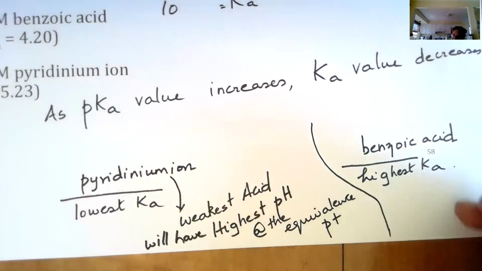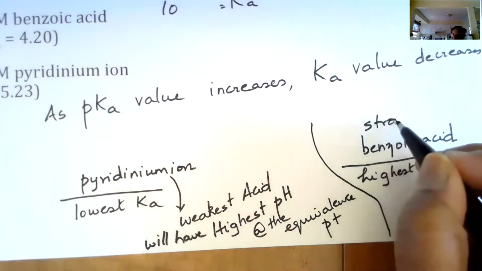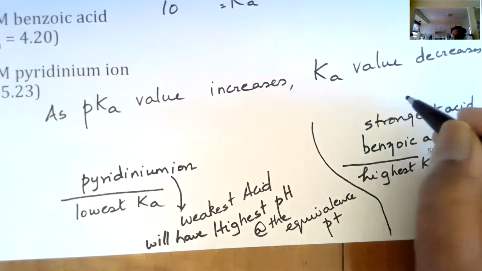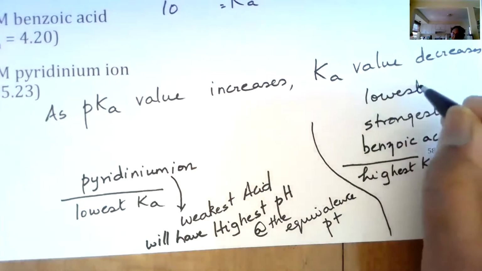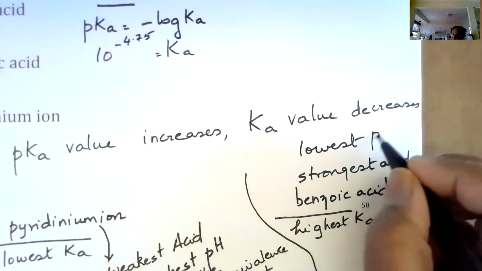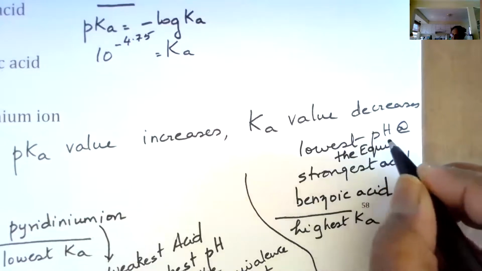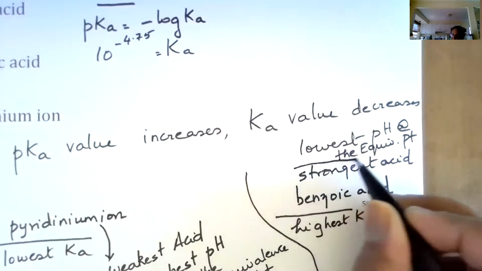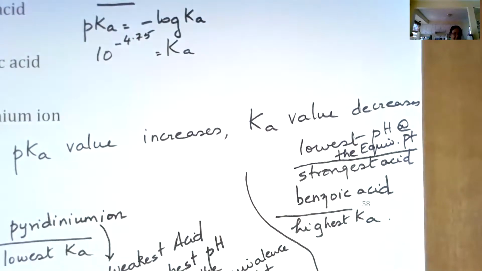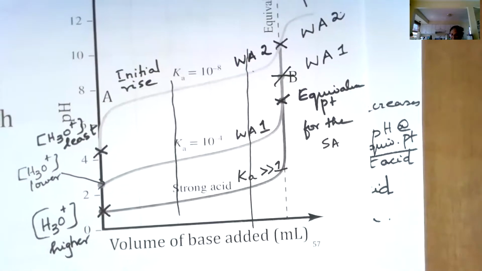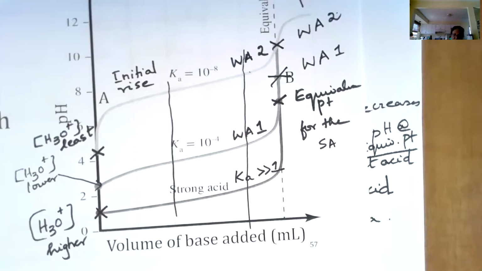So this is, of the three, the strongest acid, and this will have the lowest pH at the equivalence point. Got that? That was simple. As long as you understand the curve, then you're good. So try to understand graphs on slides 57 and 56, and then you should be good.